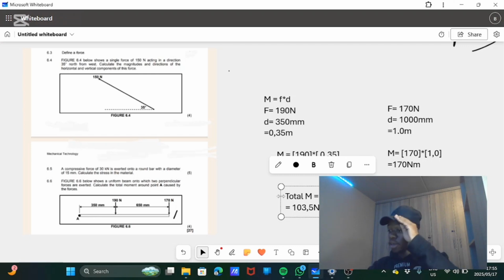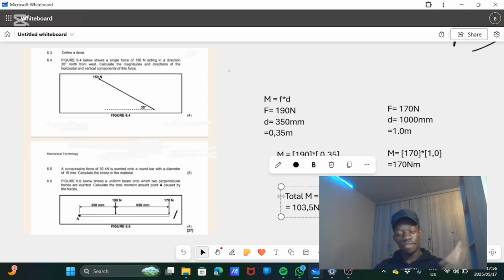Before I go, there are some key points I would like to share. In this topic, we talk about a spanner mostly. When you apply a force at the handle, the spanner turns the nut around its axis.